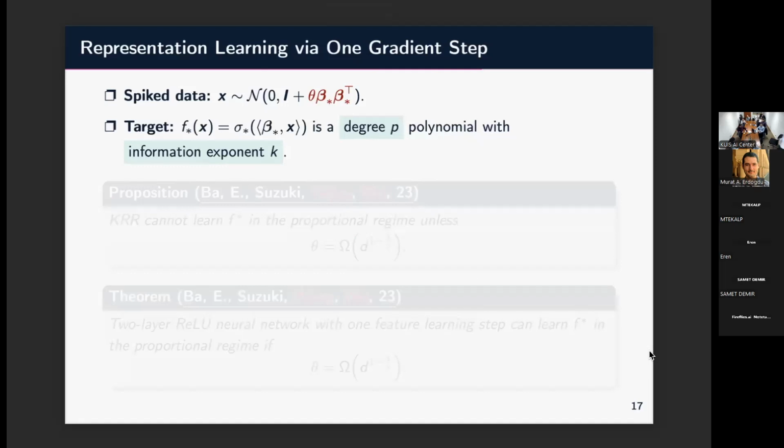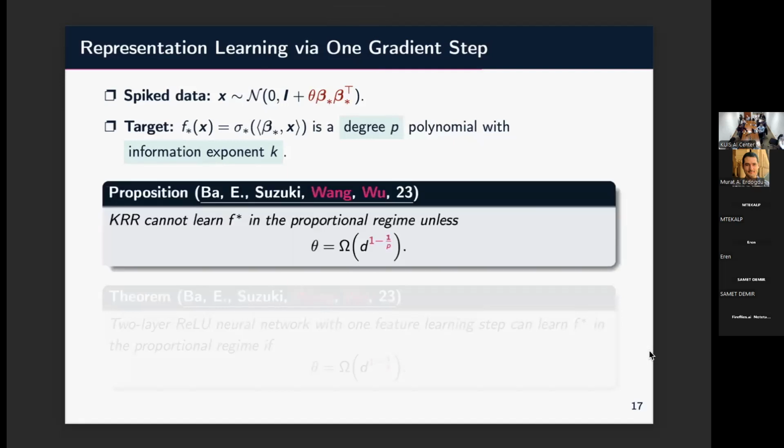Now, I'm going to consider a degree p polynomial with information exponent k. Keep in mind, p is always greater than or equal to k. The first result says the spike magnitude needs to be of this order so that kernel methods learn this target function. This is an if and only if statement, so if the spike magnitude is smaller than this, kernel methods fail.